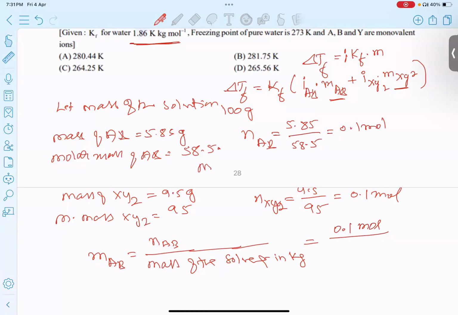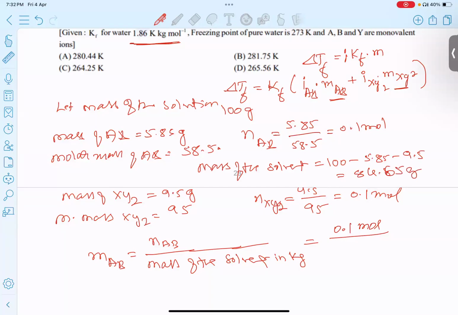So the mass of the solvent is equal to 100 minus 5.85 minus 9.5, that is 84.65 gram.